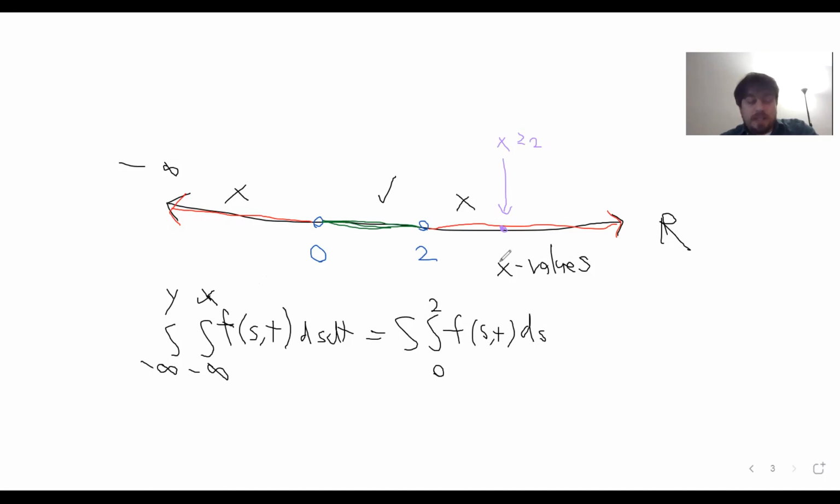Okay, and then y is assumed positive, and so if y is positive, then you're just going to integrate from 0 to y. Because whether y is positive or negative doesn't matter. So you have that.